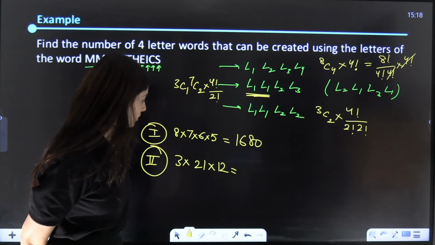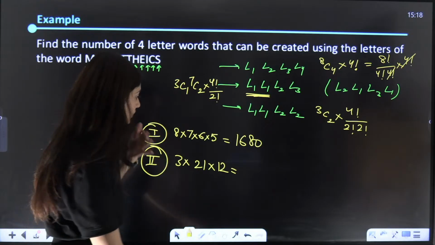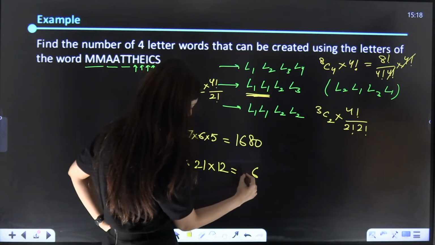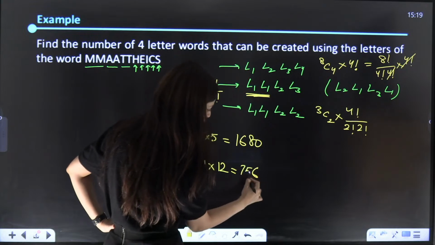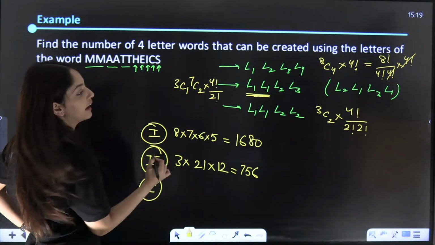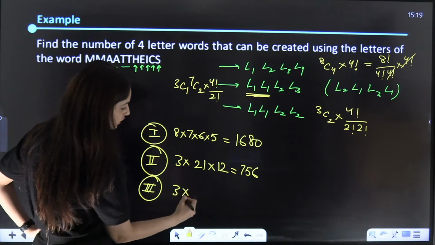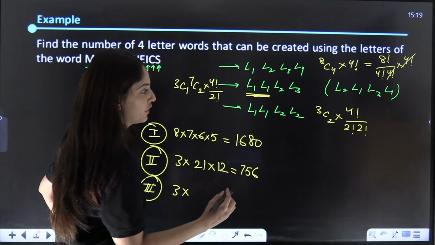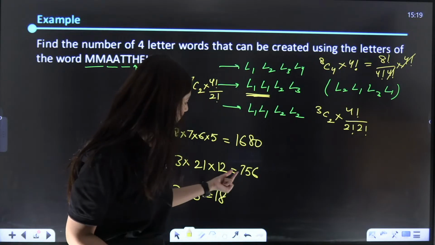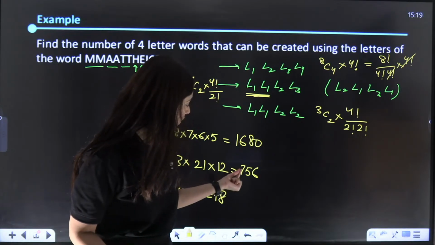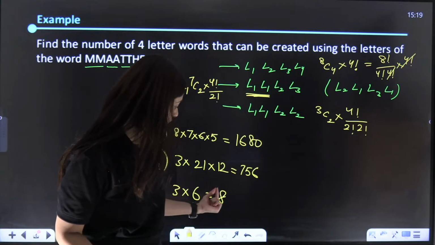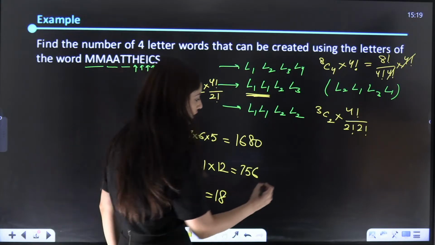This comes out to be 63 into 12, 756, right? And for the third case, we have 3 into 4 factorial by 2 factorial, 2 factorial, that is 6. So in total 18. So we get 1680, 756 and 18, that is 2454. That is correct. Very good.